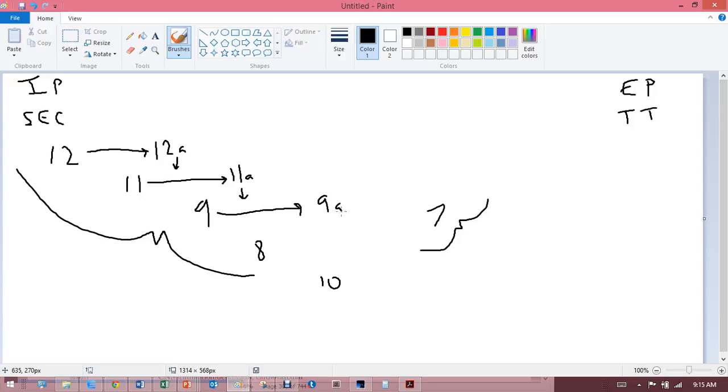Activated 9 goes down and changes 10 to activated 10. I'm skipping over 8 intentionally because it's kind of separate.